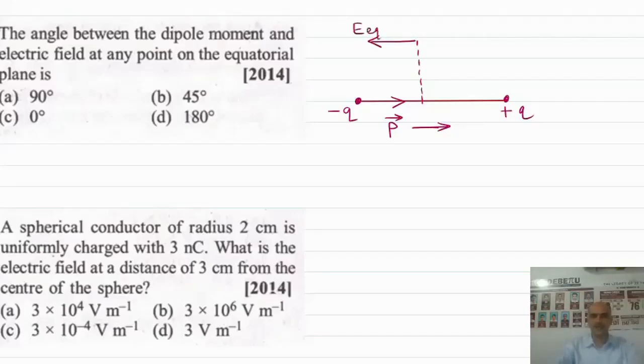So if you observe the direction, P direction and electric field E direction are opposite. So angle between these two is how much? 180 degree, not 0. 0 when? If they are in the same direction, then 0. Here they are opposite, so answer is 180. That is option D is the answer.